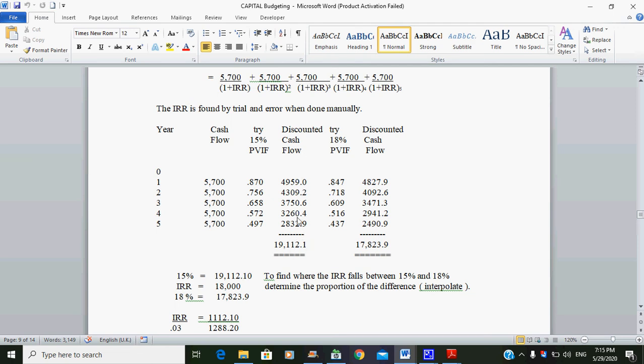You get 19,112.1. This represents the 15%, right? Then you do the same for 18%. Multiply the 0.87 by 5, you get 4,000 something, and so forth. Add them up. This one represents 18%. Now notice with 18% you end up with less than the 18,000, right?